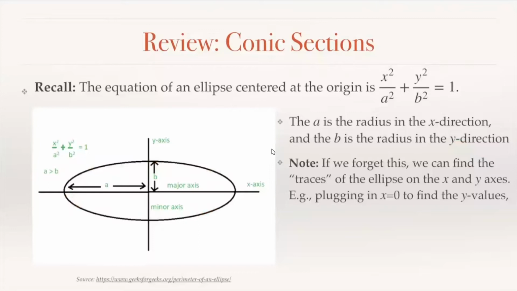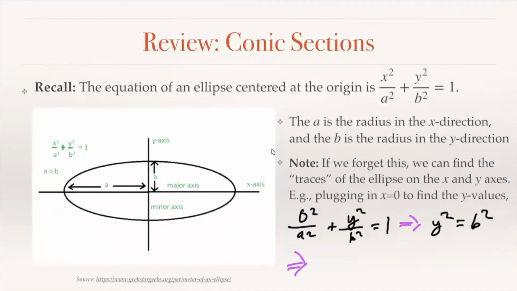And if we forget this, we can find what we'll call the traces of the ellipse on the x and y axes. So for example, plugging in x equals 0 to find the y values when x equals 0, then we have 0 squared over a squared plus y squared over b squared is 1, which means that y squared is b squared, which means that y is plus or minus b.